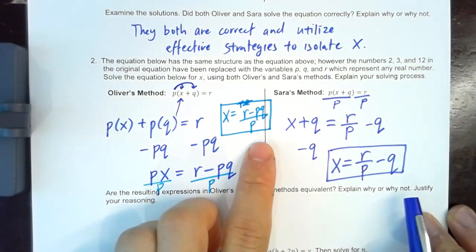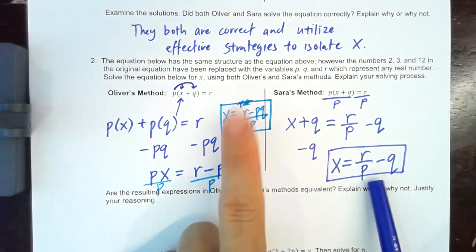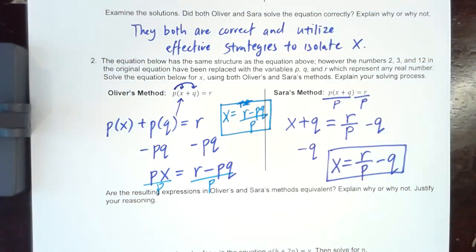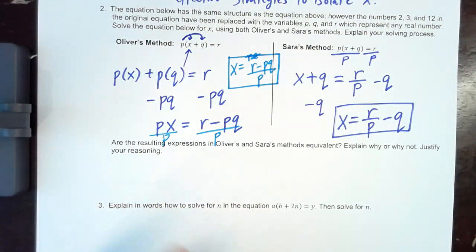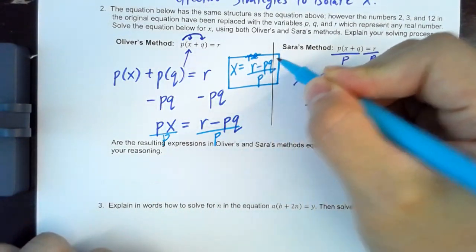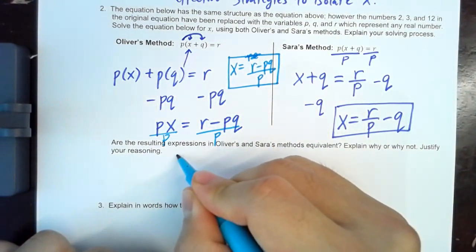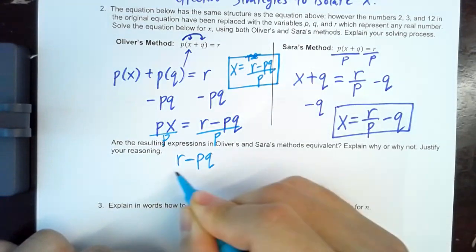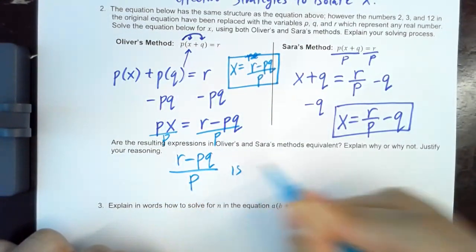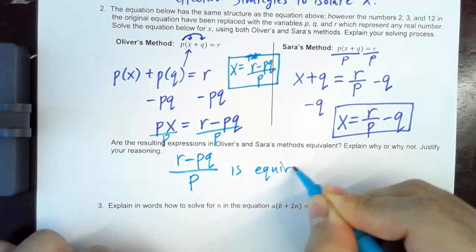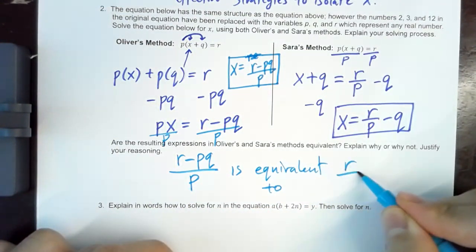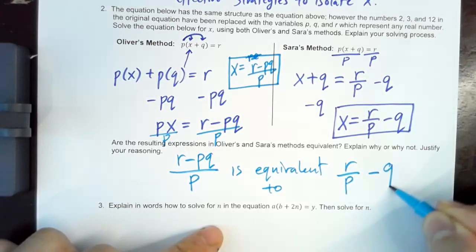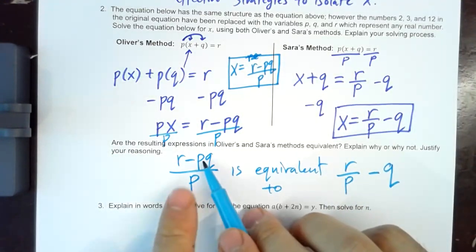Take a moment to look and tell me if you believe that these two are the same. Are they equivalent? Technically, r minus pq divided by p is equivalent to r over p minus a full q, because the p values cancel.